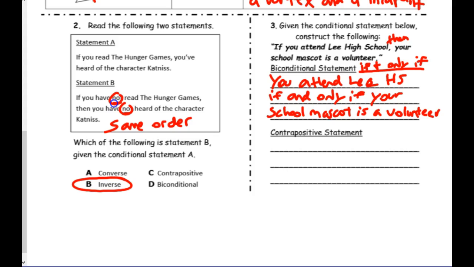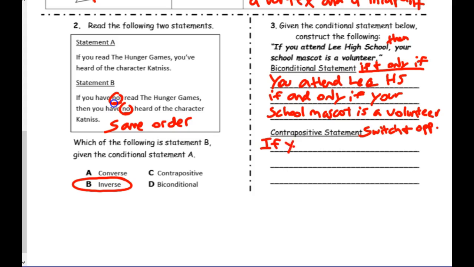Contrapositive, remember, it's switch and opposite, meaning not. So I'm going to say if, and I'm going to take the second statement, your school mascot is a volunteer, and negate it. Do the opposite.